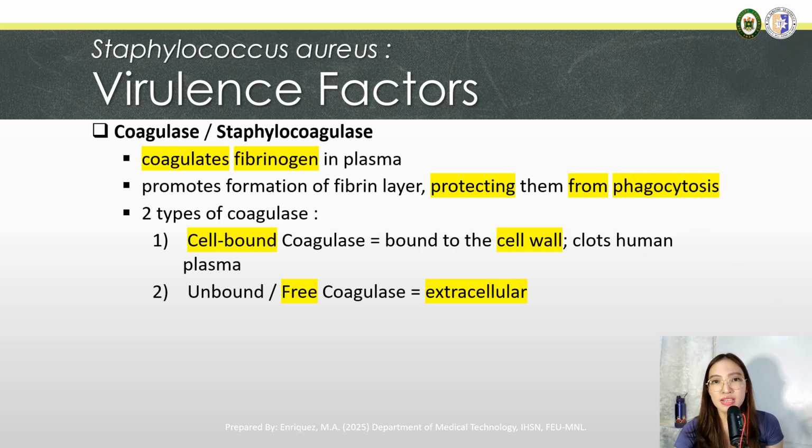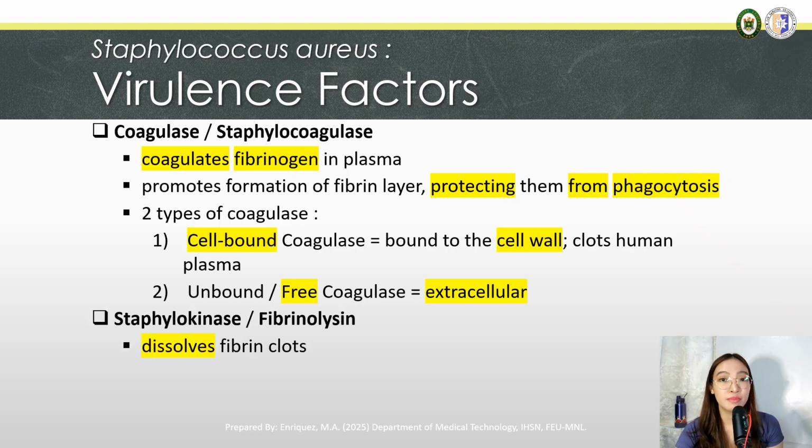Next is staphylokinase or fibrinolysin. Staphylokinase causes a fibrinolytic activity by dissolving fibrin clots, which is the opposite of what coagulase does, right? So kung magfo-form po kasi ang Staph aureus ng fibrin clot, sila din mismo, they can't easily get out of that clot that they have formed.